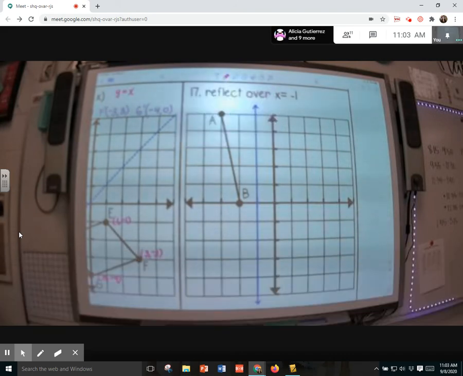So I'm going to reflect A and B over that blue line. How far to the left is A from that blue line? 2 units. So I'm going to go 2 units to the right to get my A prime.